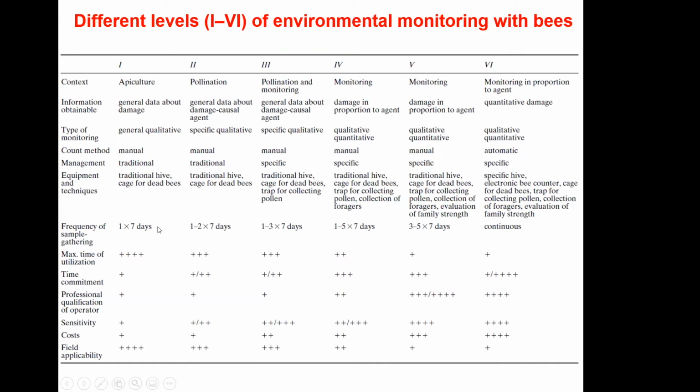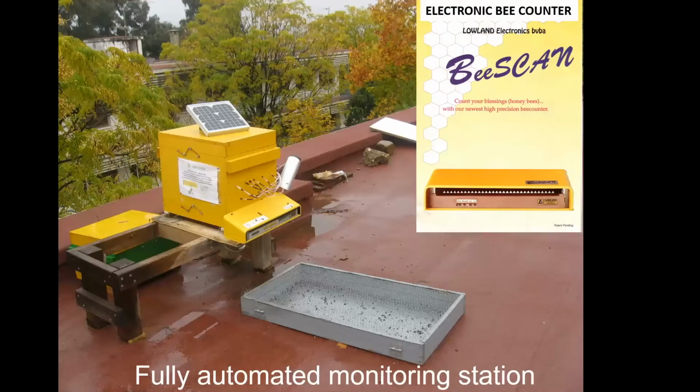Biomonitoring with bees can present different levels of complexity depending on various aspects. One is the time consumption, another could be the professionalism of the operator, and also the cost and the sensitivity of the method. Here, we report an example of a very high level technique of biomonitoring with an electronic bee counter, but it is a very expensive technology.